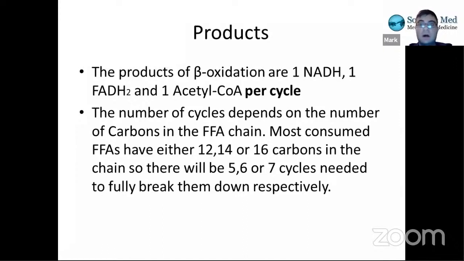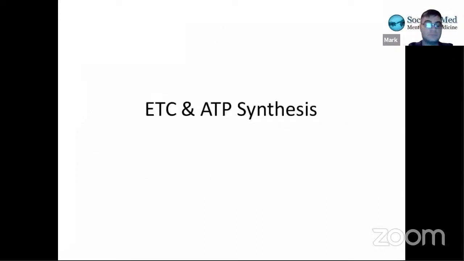Just know that it's a lot more than it is for glycolysis of glucose, because you are making multiple acetyl-CoAs. The bare minimum you can make is 5 or 6 acetyl-CoAs compared to the 2 you would make in glycolysis if you were breaking down a glucose molecule. So it's much more efficient. And most triglycerides, like I mentioned, will have 3 fatty acids. So that could be 15, 18 just from one molecule.